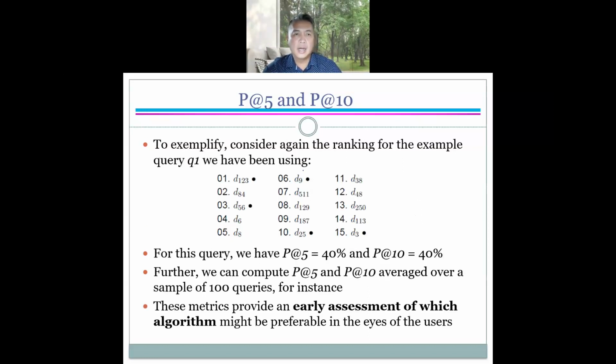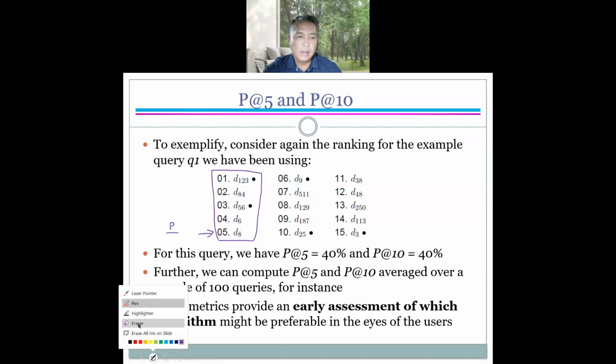So if we have something like this, based on your query 1, we are looking at this position here. What is the position here? We have 5 documents here, but only 2 are relevant. So the precision will be 2/5.